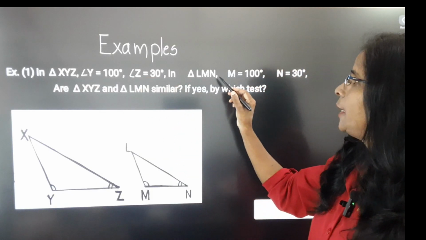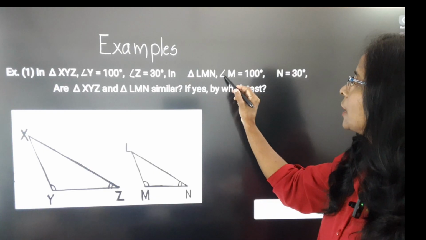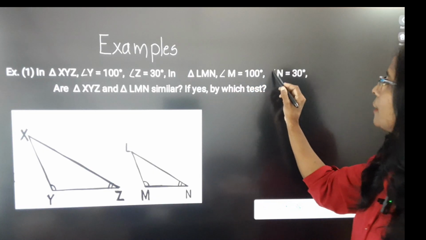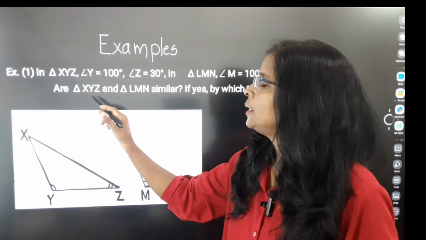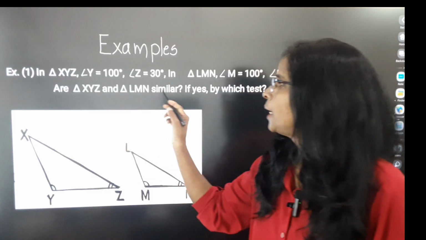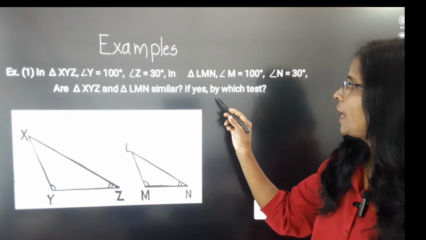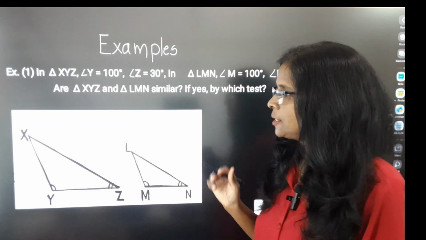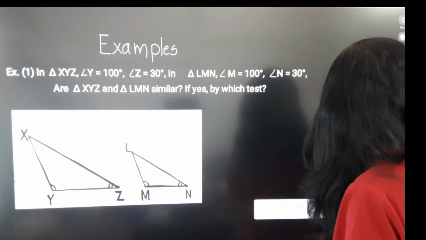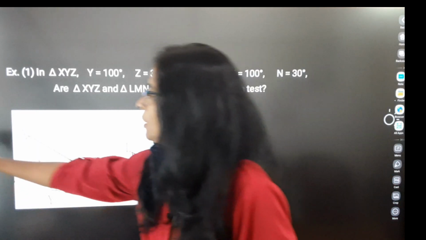In triangle LMN, angle M is equal to 100 degrees and angle N is equal to 30 degrees. Triangle XYZ and triangle LMN are similar by which test? Let us solve this example.